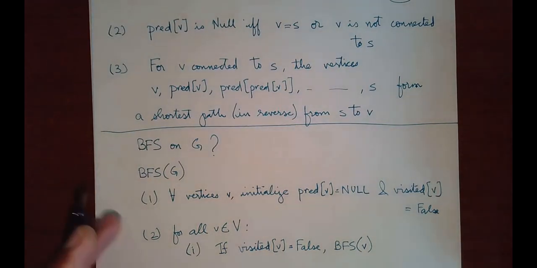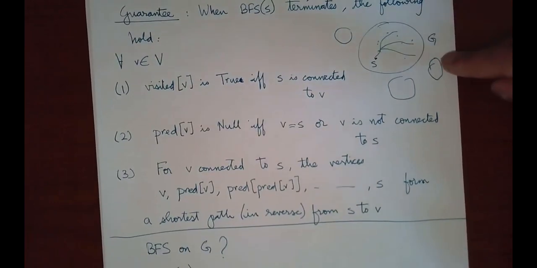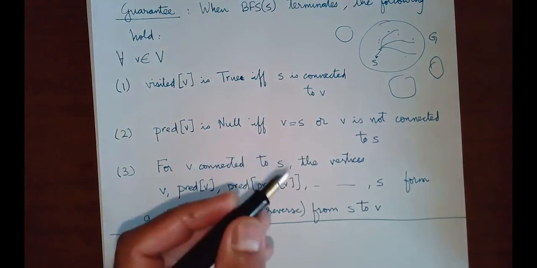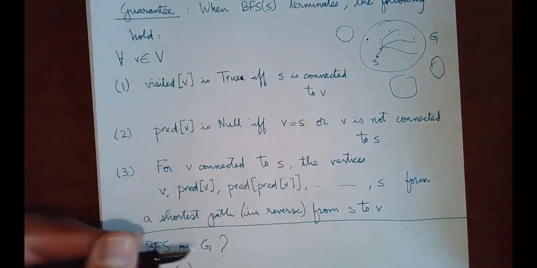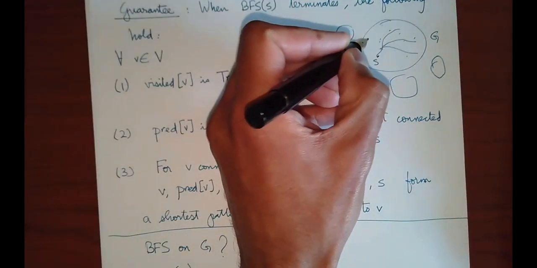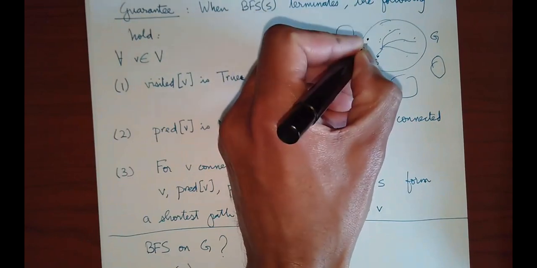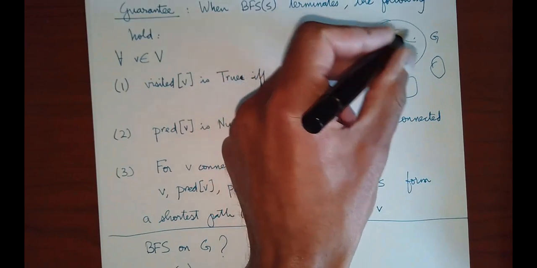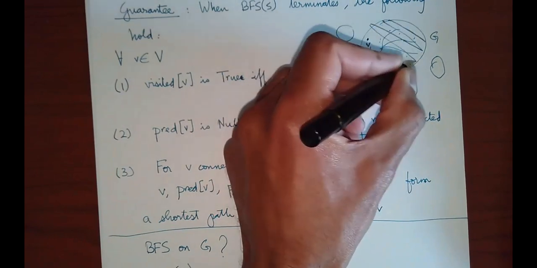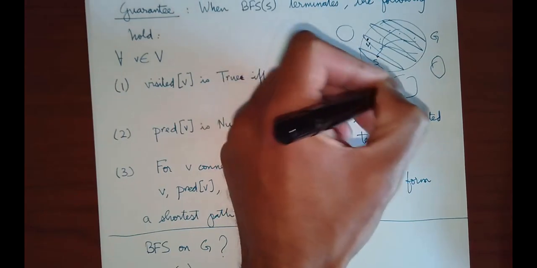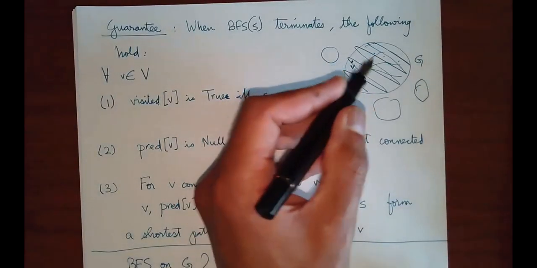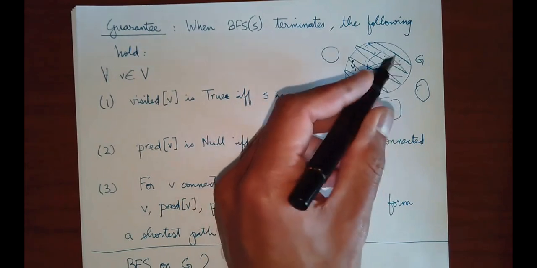So think about what happens in this example over here. Initially, everything is unvisited. We're going to pick some vertex in here and call BFS from this vertex. Let me call it V1. BFS from V1 is going to visit all the vertices in here. But these vertices are still unvisited. So as the loop keeps going, if it ever touches a vertex in here, it doesn't do anything.